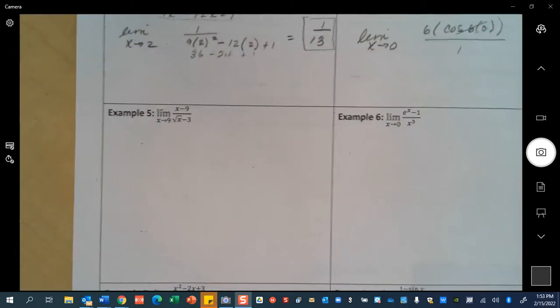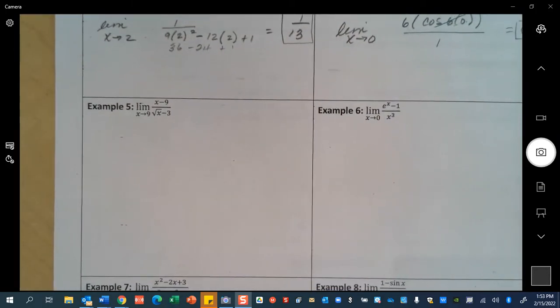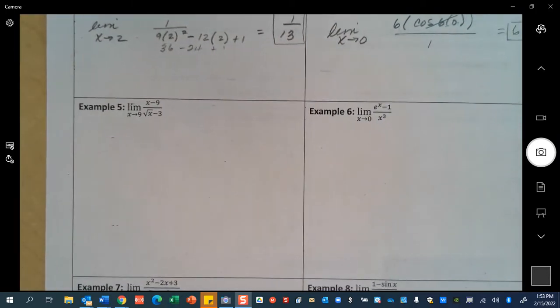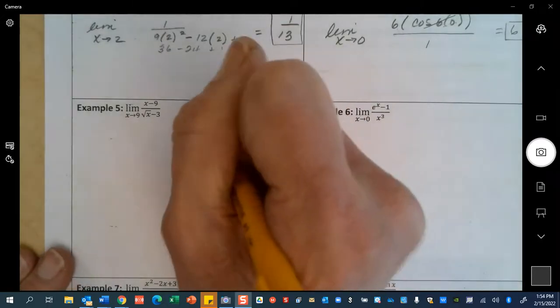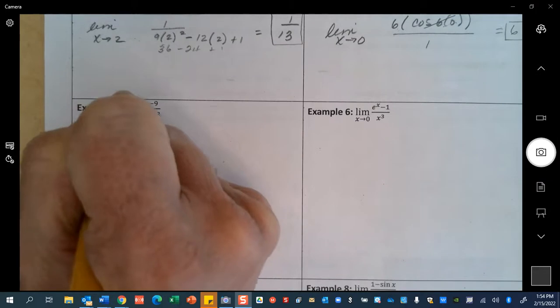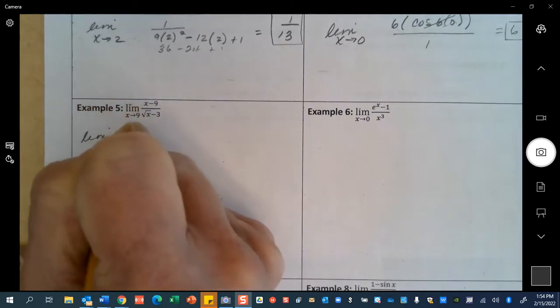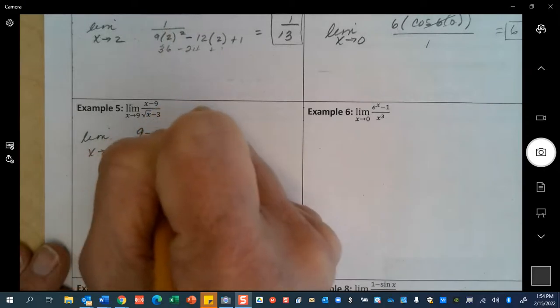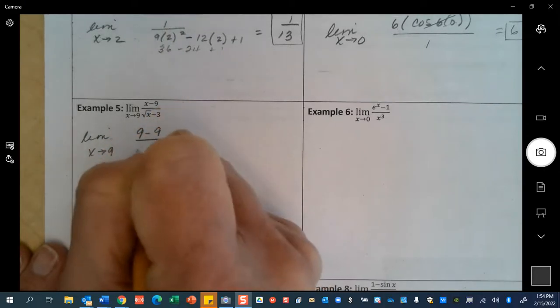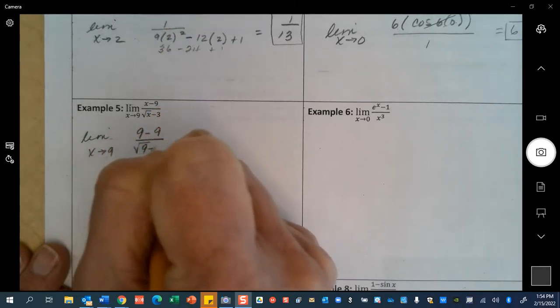All right. Check out this one. We'll talk about this one together because we wind up with the limit as x approaches 9 of x minus 9 over the square root of x minus 3.